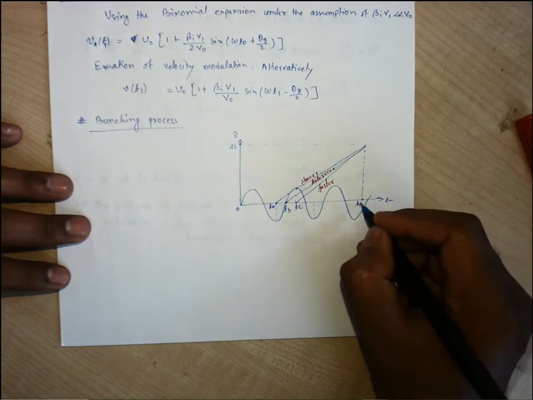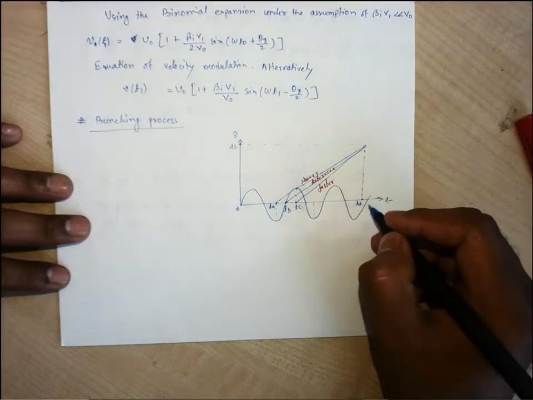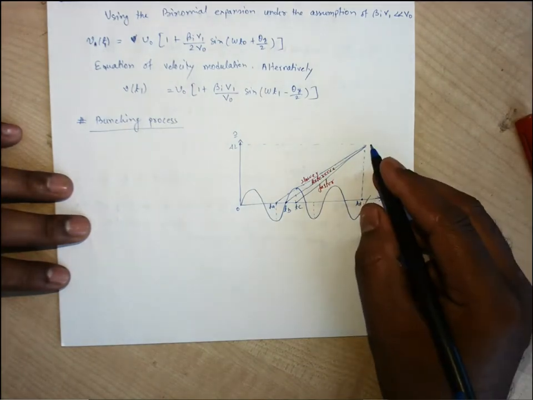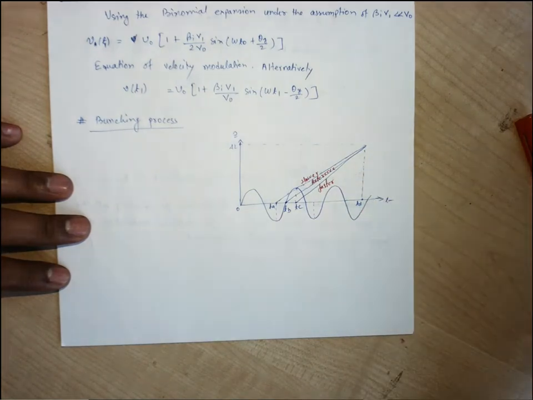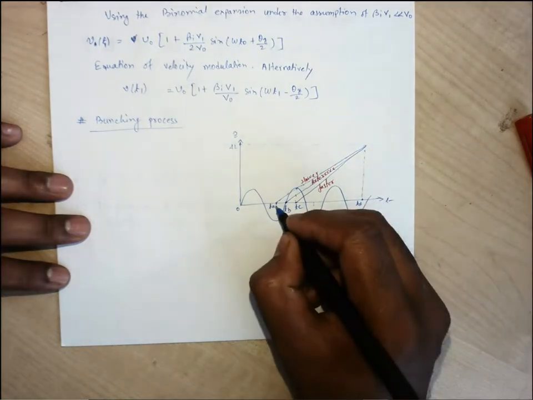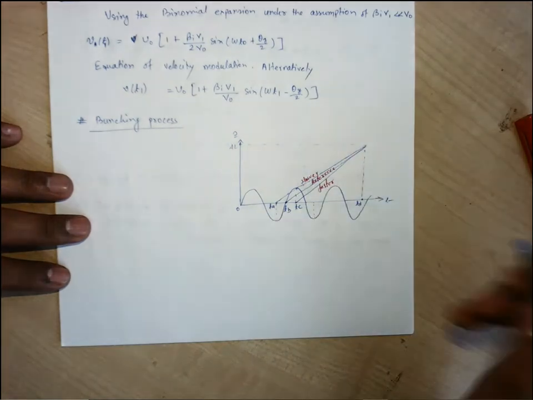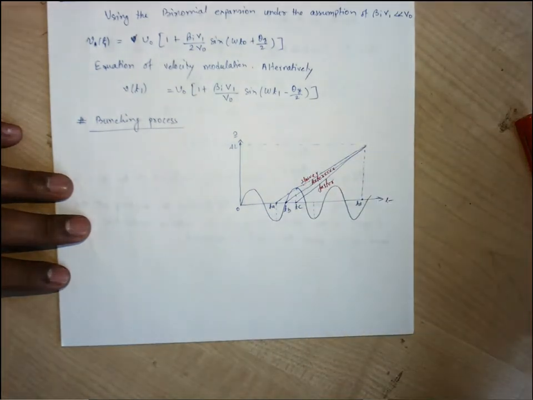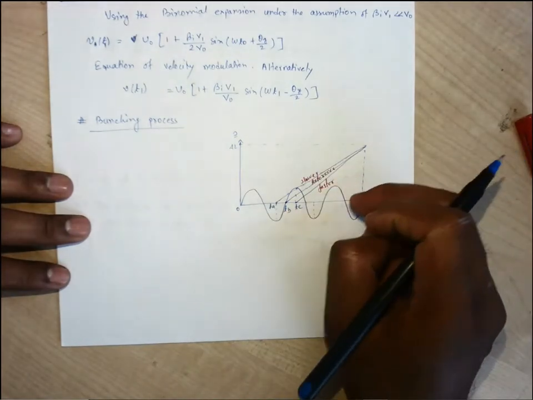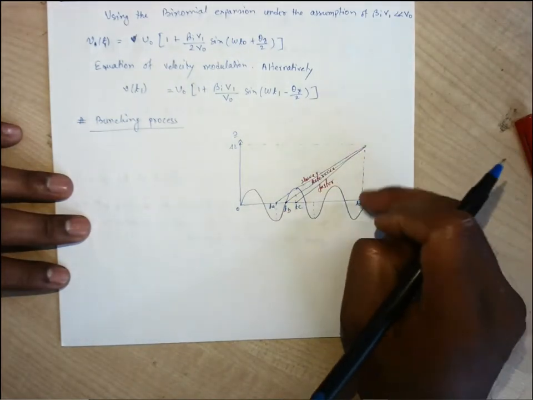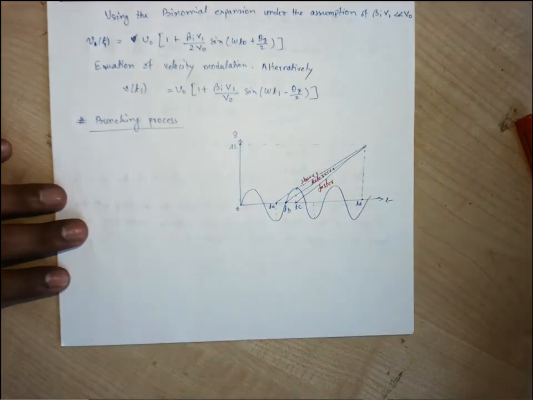The time during which it comes into the catcher cavity grid is the time Td. So at time Ta, slower electrons have been moving. At Tb, reference electrons have been moving. At Tc, faster electrons are moving. Now all of them are forming the bunch at time Td when they reach the catcher gap.